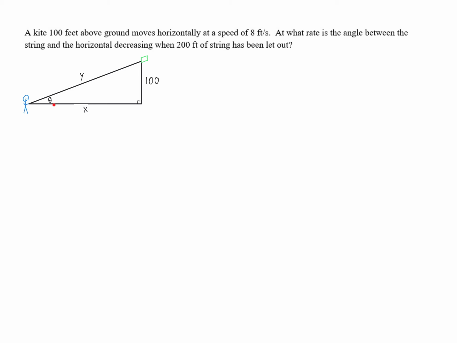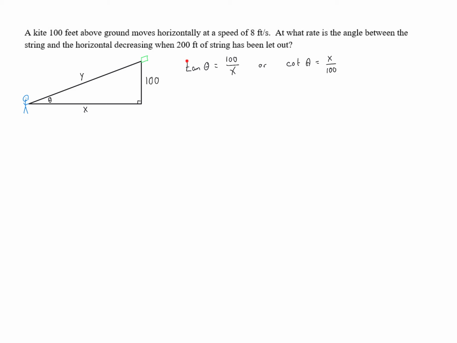So we want a relationship with theta, x, and 100, and it looks like that's going to be either tangent or cotangent. We could say tangent theta equals 100 over x, or we could say cotangent theta equals x over 100.